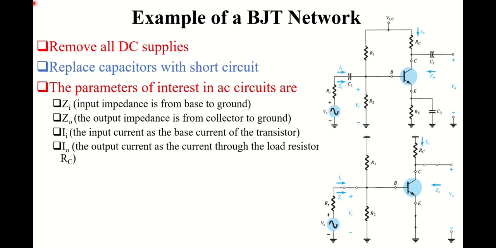These important parameters include input impedance from base to ground, Zi, output impedance from collector to ground, Zo, input current or base current, Ii, and the output current or collector current, Io. We have not yet discussed the re model of a BJT, but these steps are necessary to perform before starting the AC analysis.